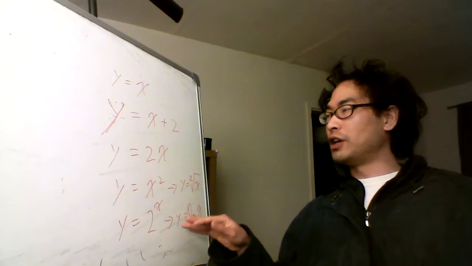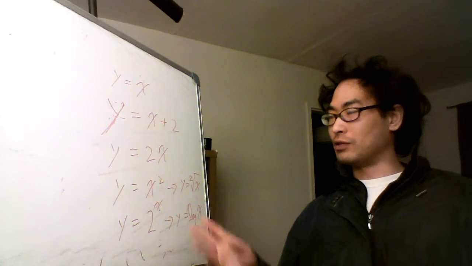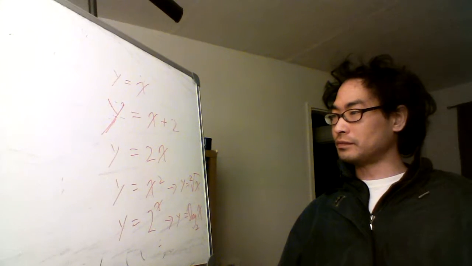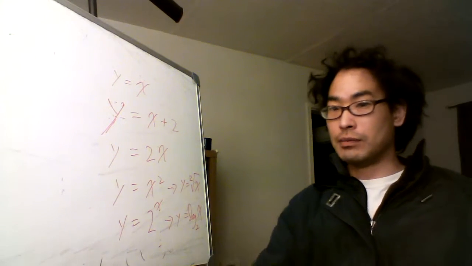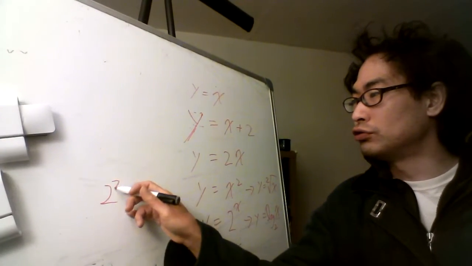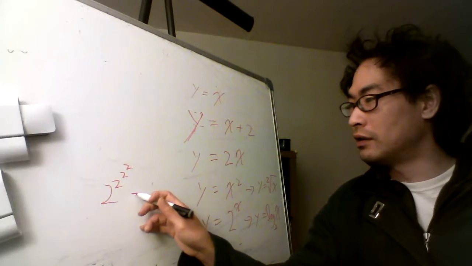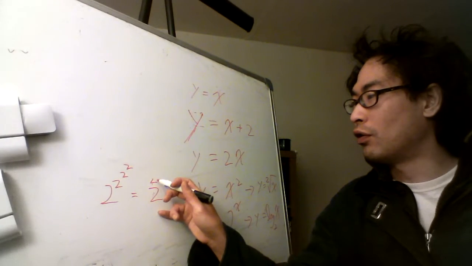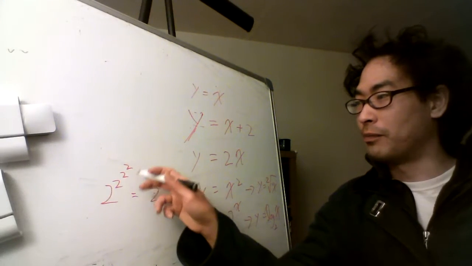Up to here is what traditional mathematics is dealing with. But we don't have to stop here, though. For example, next level will be 2 to the 2 to the 2 to the 2. We can call it 2 top 4, because there are 4 of them.